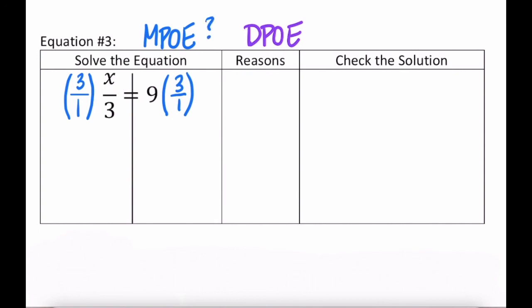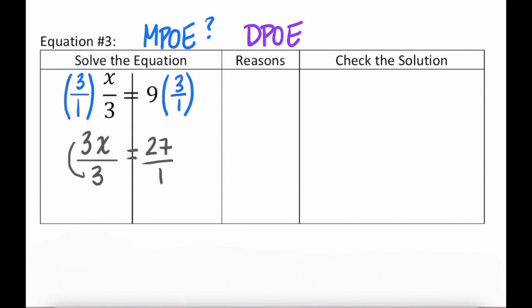Let's just see what happens when we apply this multiplication. Okay, so as we recall, the rule for multiplying fractions is just to multiply straight across. So that would mean 3x in the numerator, and 1 times 3 is 3 in the denominator. And then on the other side, 9 times 3 is 27 over 1. Now this might look a little messy, but bear with me here.